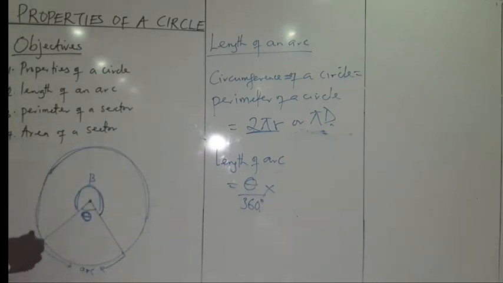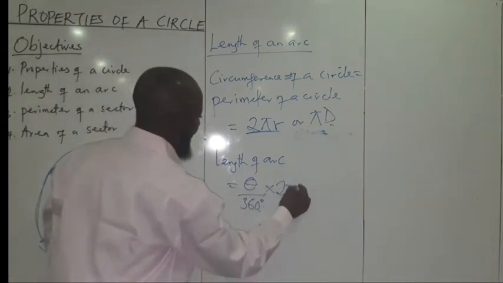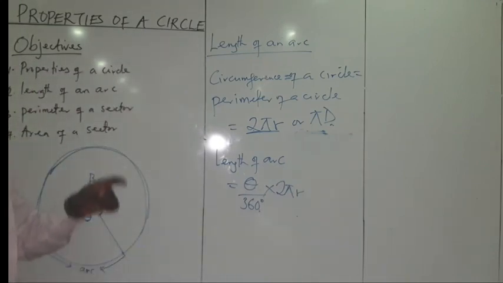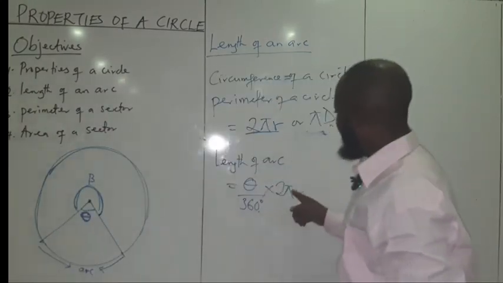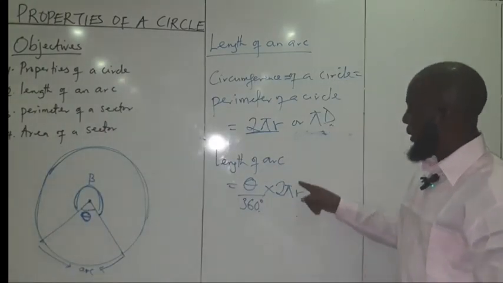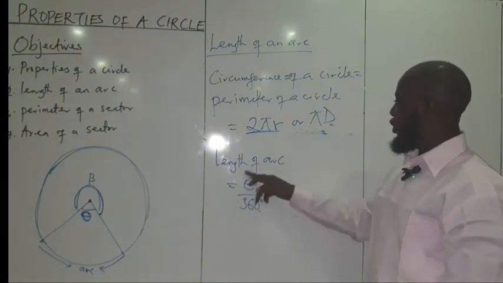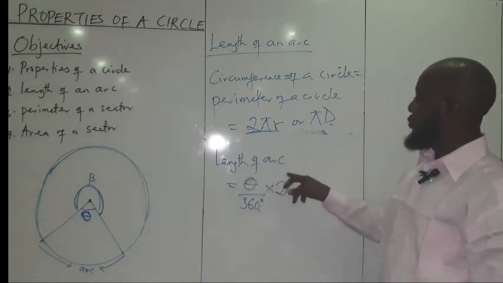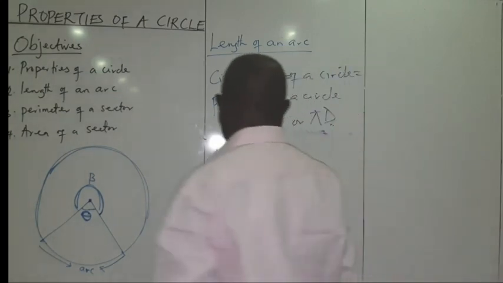You want to take the fraction out. So that will be times 2 pi r. Once you recall that an arc is part of a circumference, you are able to recall the formula for calculating circumference of a circle. You just know that it is theta over 360 times 2 pi r. That will give you the length of an arc. All this is very clear.